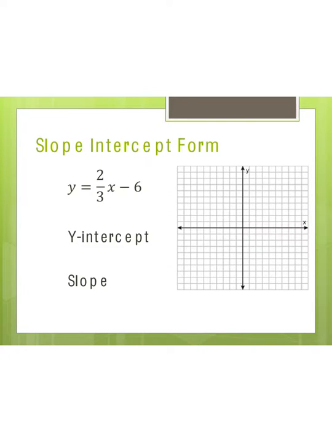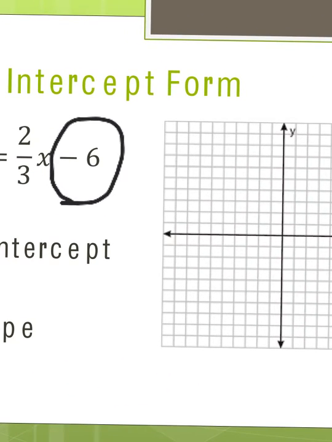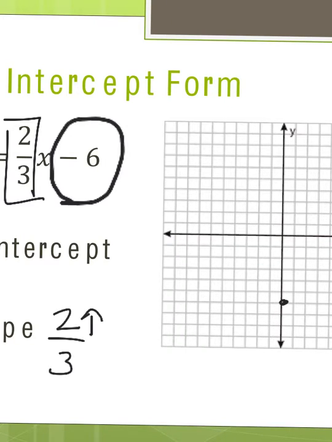If we're using the slope-intercept form to graph, we could plug points in and create a table of values if we wanted to, and we could put 0 in for x and we'd get -6, et cetera. But since we already have one of the points here, I'm going to blow this up. There we are at -6, and we know that it grows 2 for every 3, so it rises 2 for every 3 it runs, up 2 over 3.